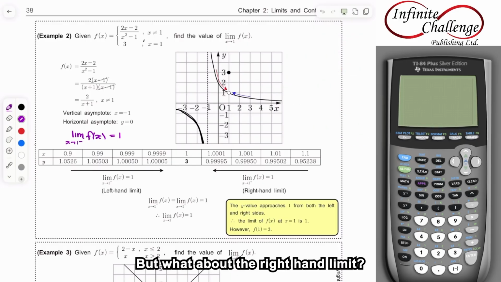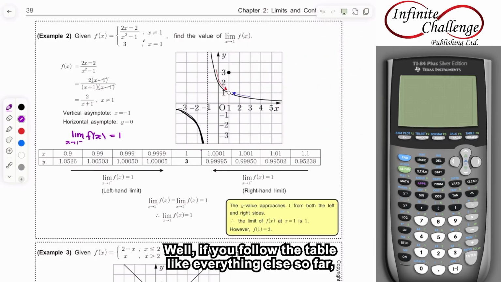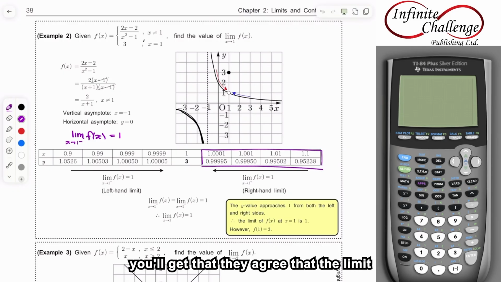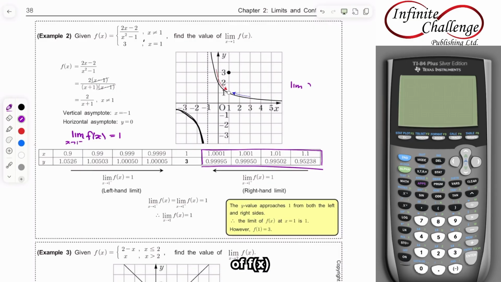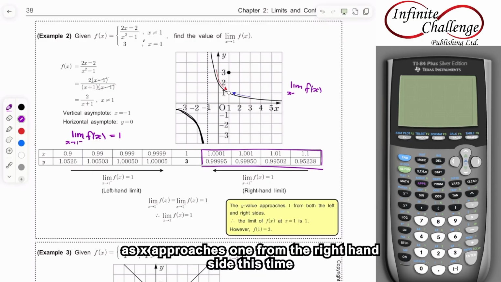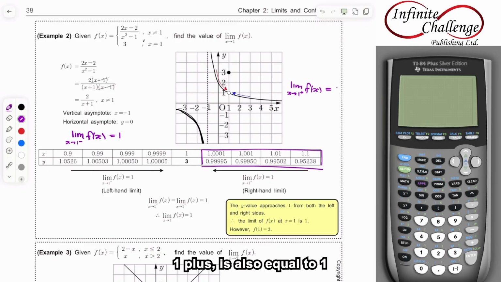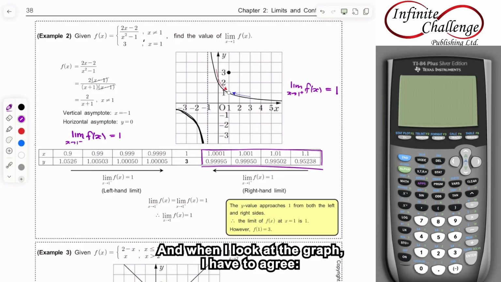But what about the right-hand limit? Well, if you follow the table like everything else so far, you'll get that they agree that the limit of f of x as x approaches 1 from the right-hand side this time, 1 plus, is also equal to 1. Wait a second. And when I look at the graph, I have to agree.